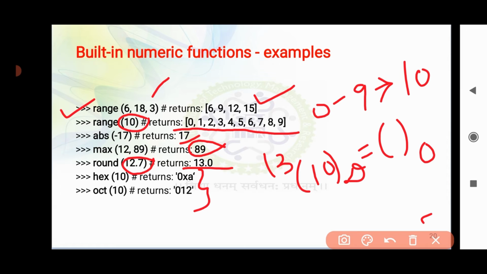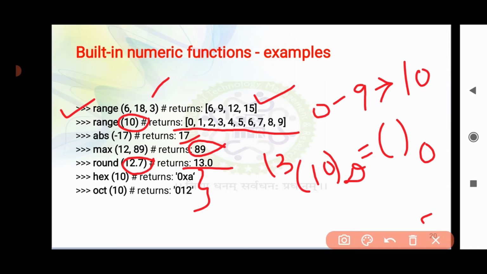Now it's your task to see whether the hexadecimal display of 10 is 0xa and whether the octal display of decimal number 10 is 012 is correct or not. You have already done number conversion in your computer architecture and organization subject, so you can easily do it. This is the task assigned to you.